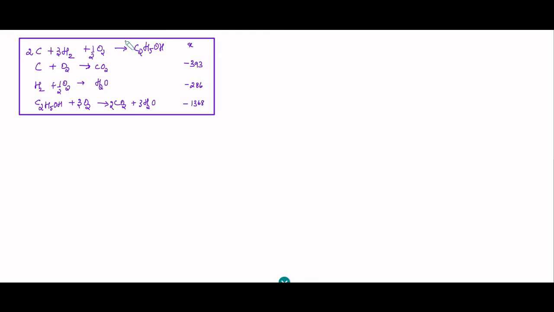Analyzing this, I have C2H5OH plus 3O2 giving 2 carbon dioxide plus 3 water molecules. This equation has the maximum number of species: 1, 2, 3 compounds. No other equation has so many compounds. The others have a lot of elements, but no compounds other than the last equation. So the last equation, I'll put at the top.